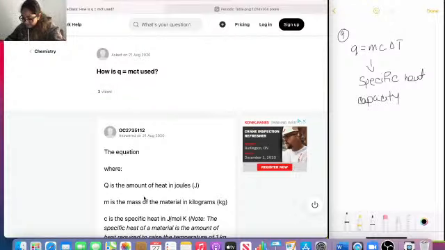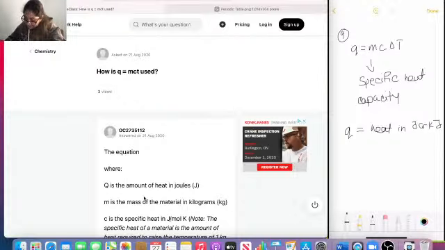So basically Q is the amount of heat, right? Q is equal to heat in joules or kilojoules, okay?